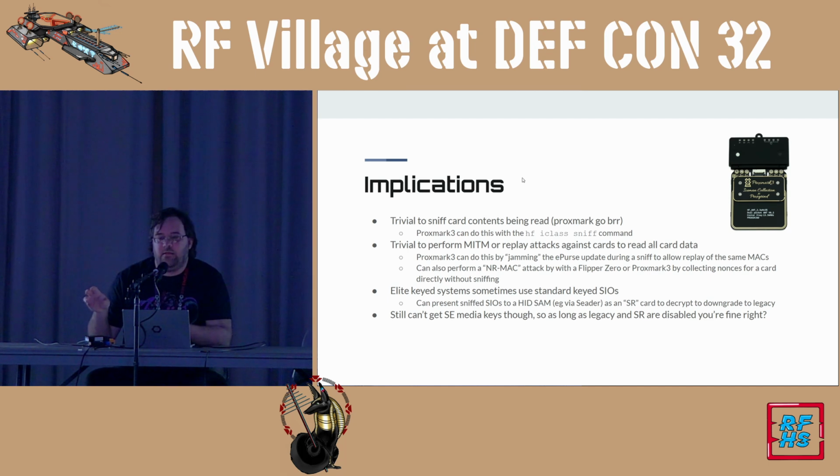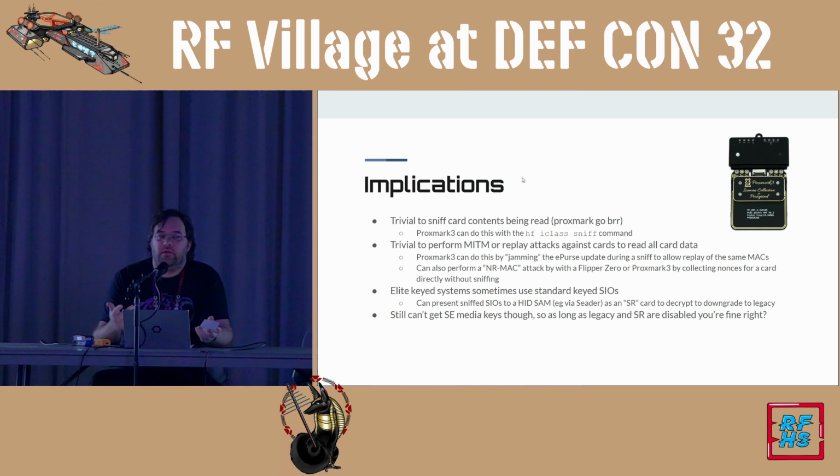We already know the legacy key, so we can make a fake legacy card that has an SIO and the legacy data on it, punch that SIO into the SR card, present it to a reader, or like this, where you just read it as the PACS data, or you can present it to CEDA, and then decrypt that SIO data.